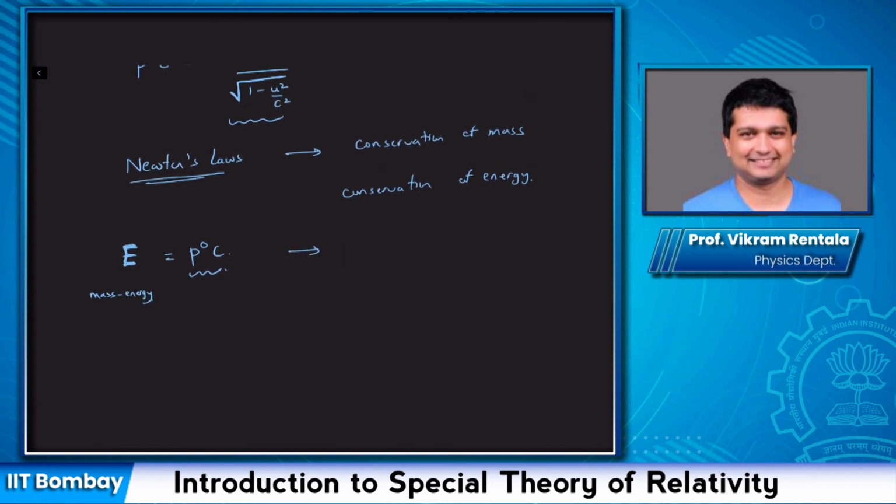And so there's only one rule. In special relativity, the generalization of Newton's laws tells us that there's only one conserved quantity for mass or energy, and that is a generalized conservation of mass energy, or sometimes this is just called energy.